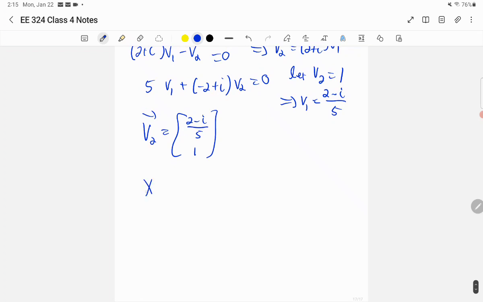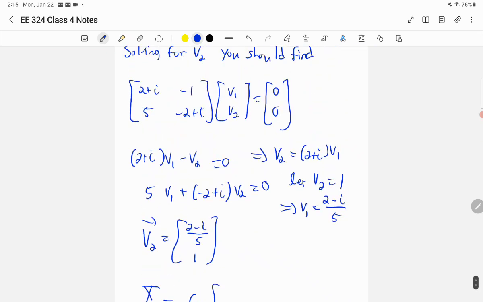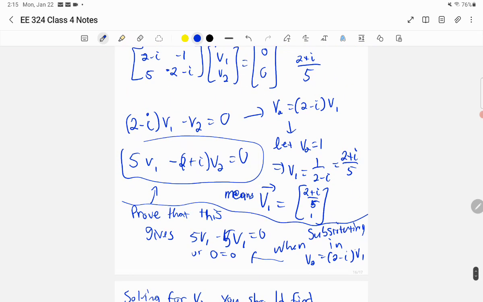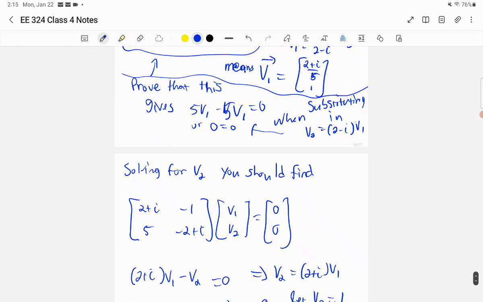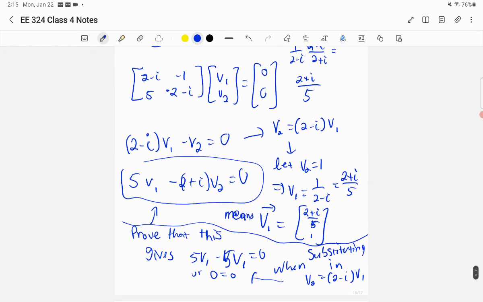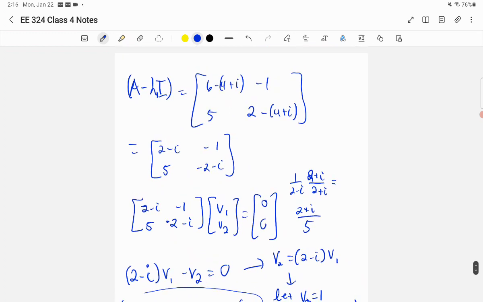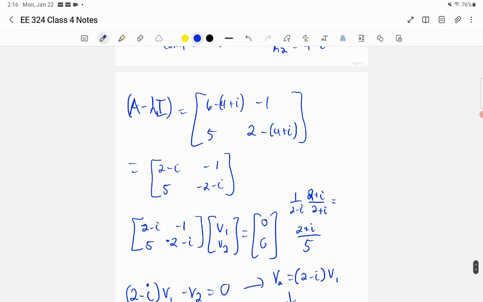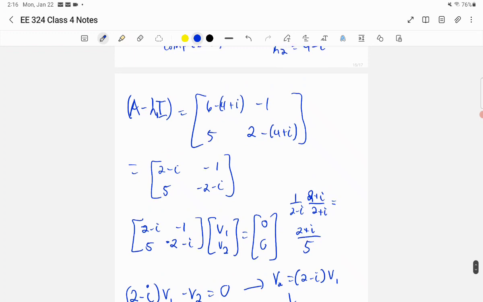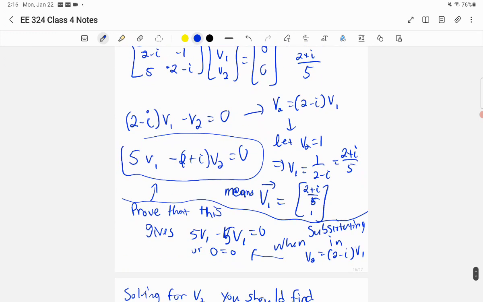And our solution is x equal to C1 times the first eigenvector. Which eigenvalue was this one? It was 4 plus i.